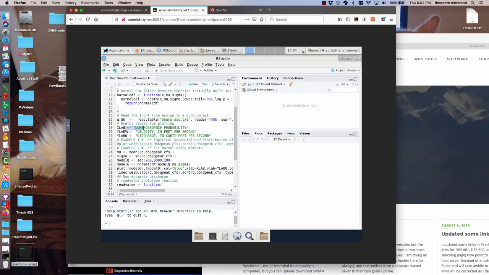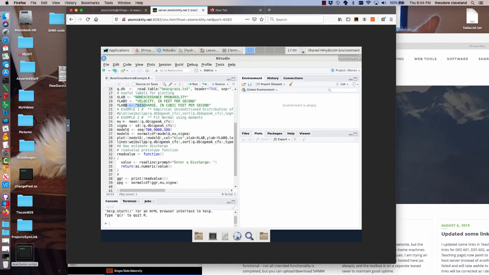Got some labels here, and then we'll compute the mean and the standard deviation, and I'll make up some invented discharges from 700 to 9,000 in steps of 100, and that's for plotting. And then we'll actually get the associated probabilities with this sequence from the normal CDF, and then we'll plot our model, and we'll plot the plotting position versus the observations, and this will give us a way to see how good we do.